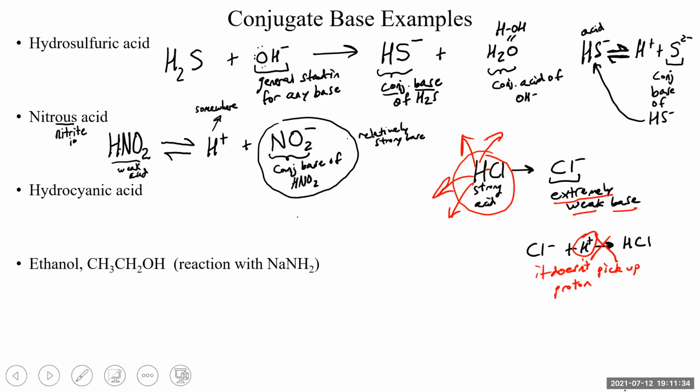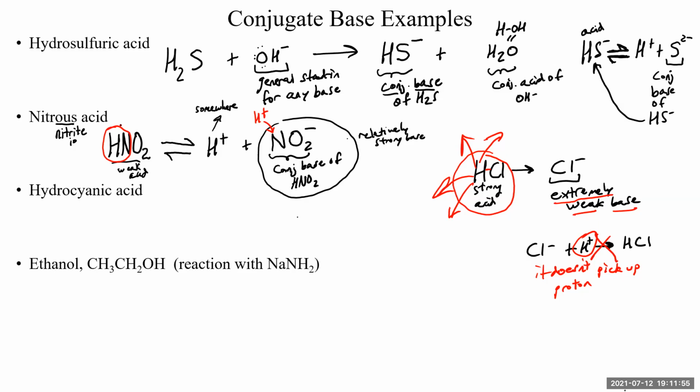Weak acids, on the other hand, have a very limited capacity to lose their protons. They want to hang on to their protons. Because of that, the conjugate base is a relatively strong base because it really wants to take back that proton. That's why it was so reluctant to give it up in the first place. That's what made it a weak acid to begin with.